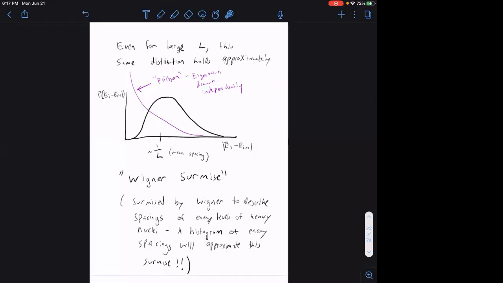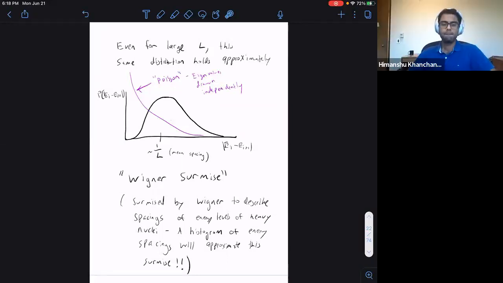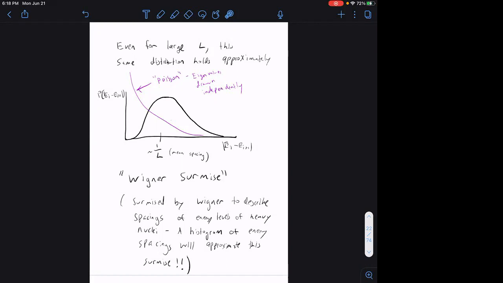But for just an example, how was this shape found? This s squared e to the minus s squared is called the Wigner surmise, because Wigner was studying the spacings of energy levels in a heavy nucleus, and they had measured these spacings, and so he just wrote down this function.